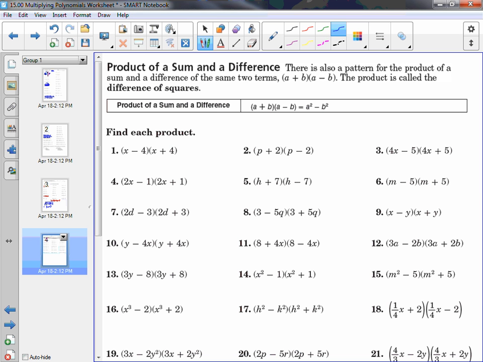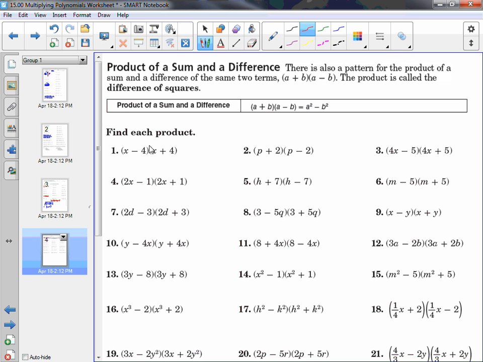And by the way, little extra learning. Those are called conjugates of each other. The conjugate of x plus 4 is x minus 4. The conjugate of x minus 4 is x plus 4. So a pair of conjugates are identical binomials except for the sign between the two terms. So now you know what a conjugate is.